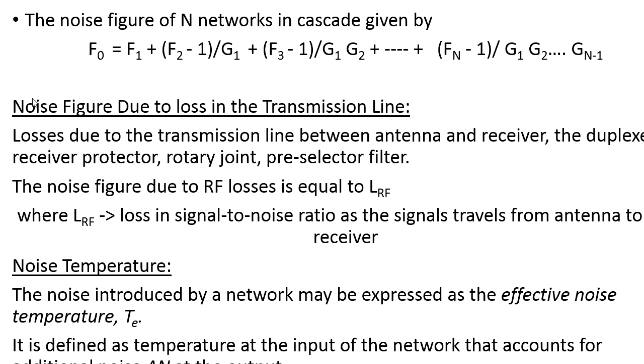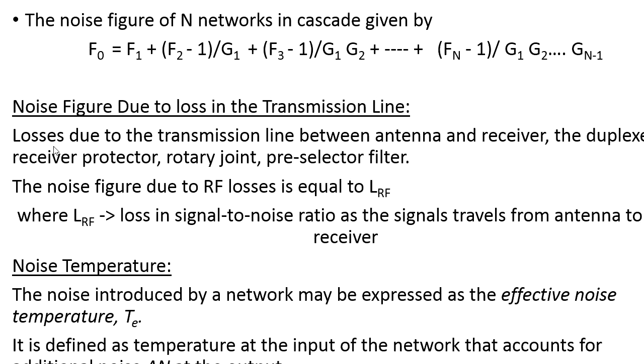And next is the noise figure we need to calculate due to the transmission line. Even though the noise figure is going to add along with the antenna and the receiver, that noise we call the noise figure of the transmission line.